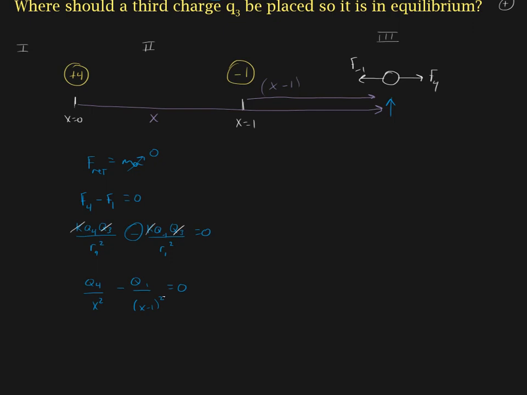So now all we have to do is expand this expression and simplify it. And I think you can see that this is going to turn into a quadratic. So we have Q4 over x squared is equal to Q1 over x squared minus 2x plus 1.